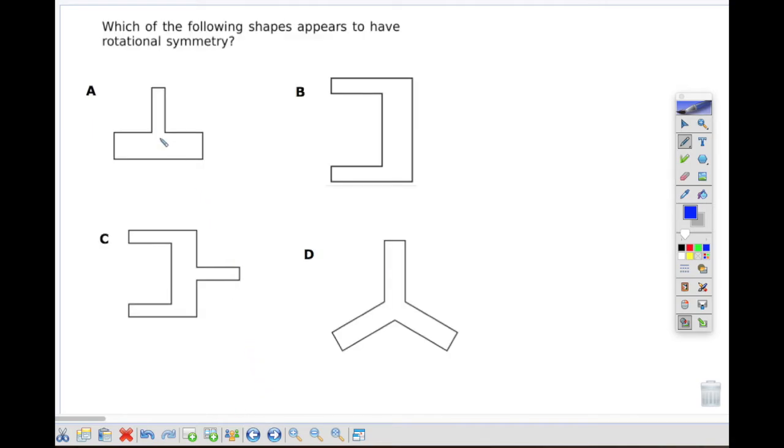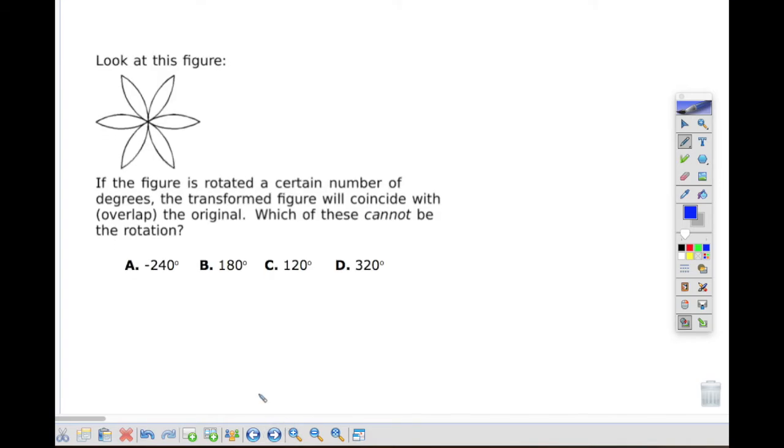All right, if I clicked and rotated this in a circle, it would have to go all the way around. This would have to go all the way around before it's back on itself. So with this one, D, I could rotate it so that this part is right here and it would look exactly the same.